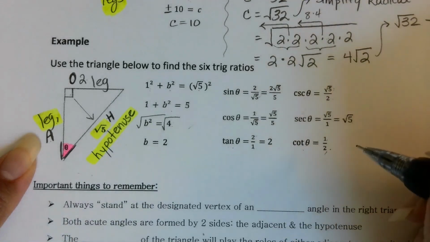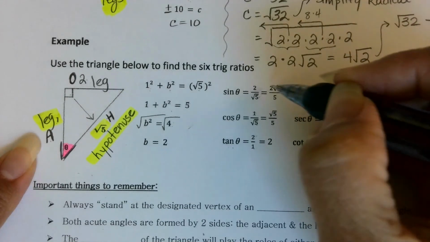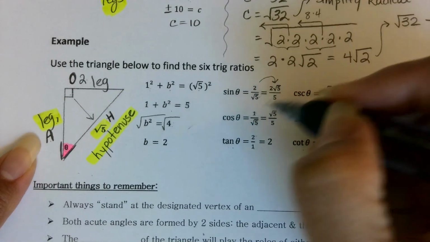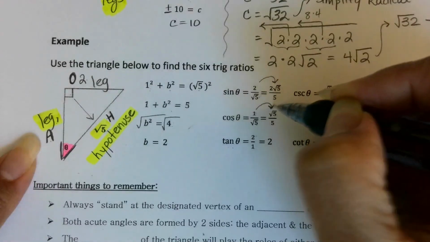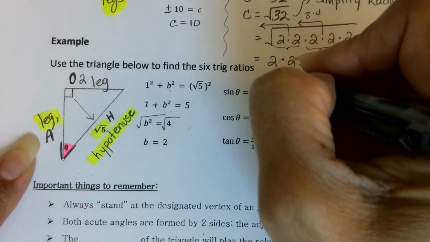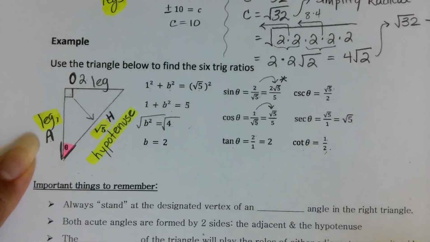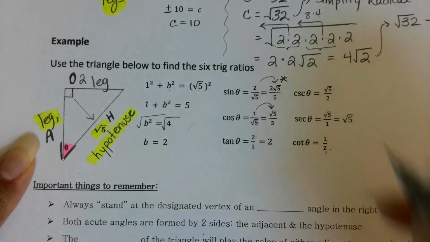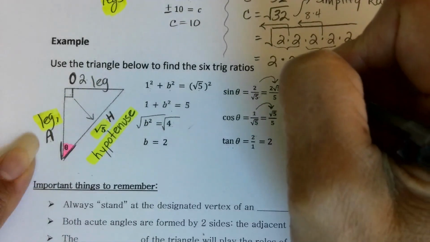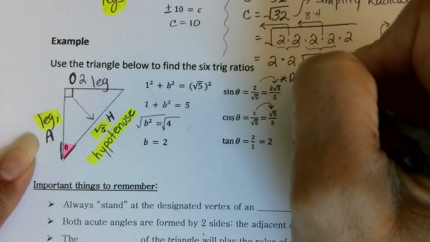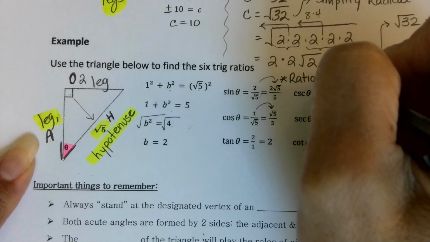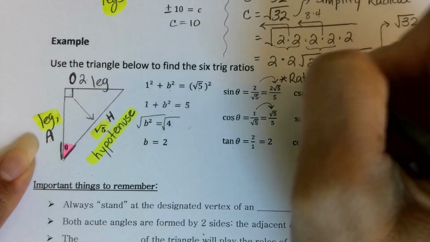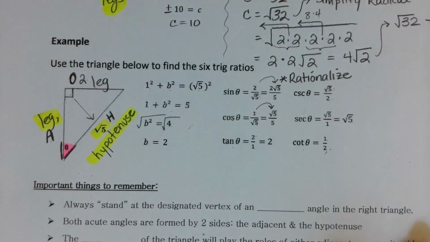Now you may question what was going on from here to here or from here to here. So I'm going to put a little asterisk here because I want to draw your attention to the fact that what I need you to do is what's called rationalize. So what do I mean by that?